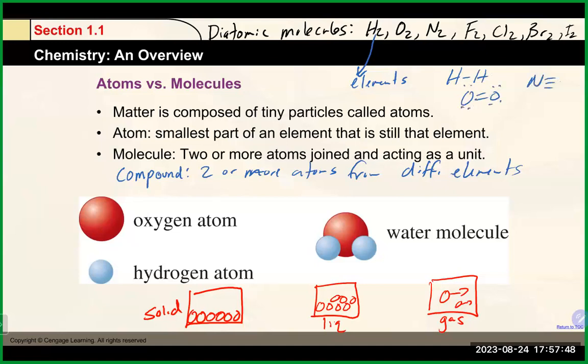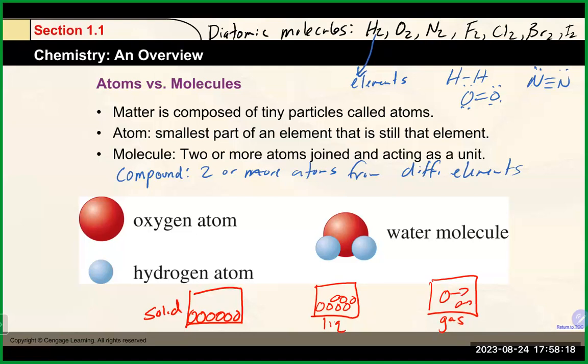Nitrogen comes like this. So they basically come as twos, but they are all the same element. So they're both hydrogens, both nitrogens, both oxygens. So any one of those guys could be classified as an element. They could also be classified as a molecule. They cannot be classified as a compound because there's only one element involved in each of those.